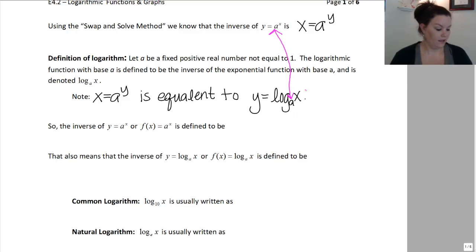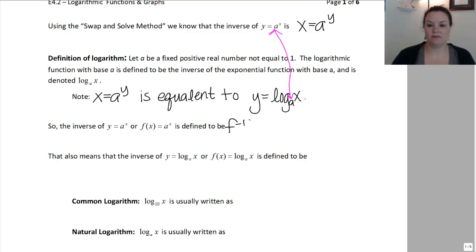So that's our connection. Let's go ahead and look at some logs that we're going to be using. We can go both ways. We can go from an exponential to a log, or we can go from a log to an exponential. So the inverse of f of x equals x to the a would be the log.